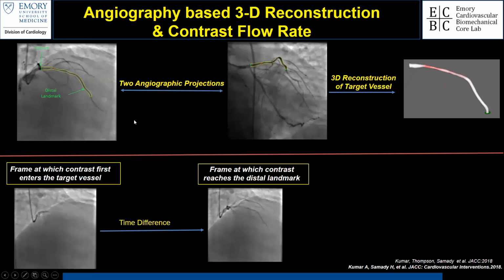Our group, with David Molony and Adrien Lefieux, has created a quicker, novel method to calculate shear stress. We now rely only on angio images to create 3D models of the vessel, and then we calculate the time difference between the frame at which contrast enters the target vessel and the frame at which contrast reaches the distal landmark of the target vessel to derive the velocity profile.